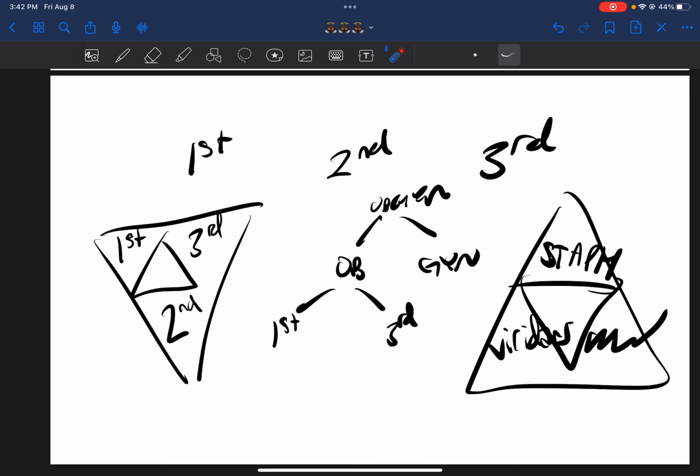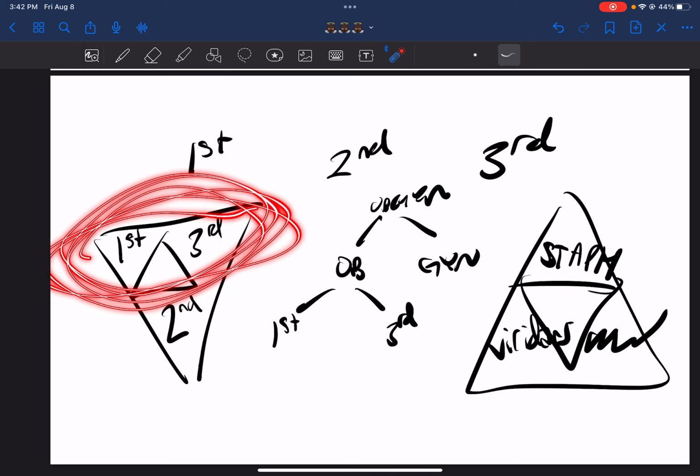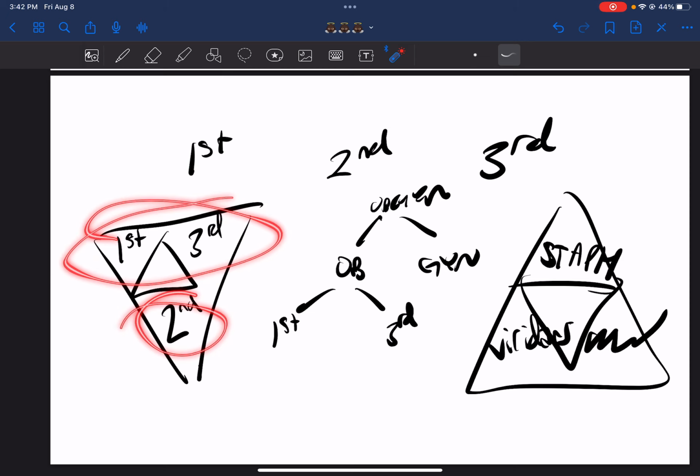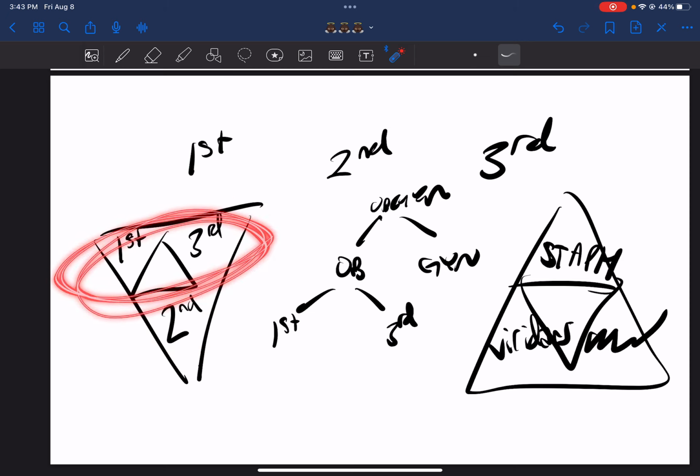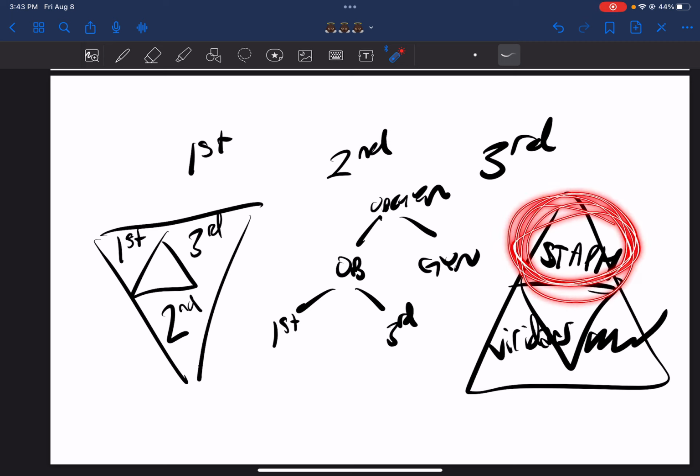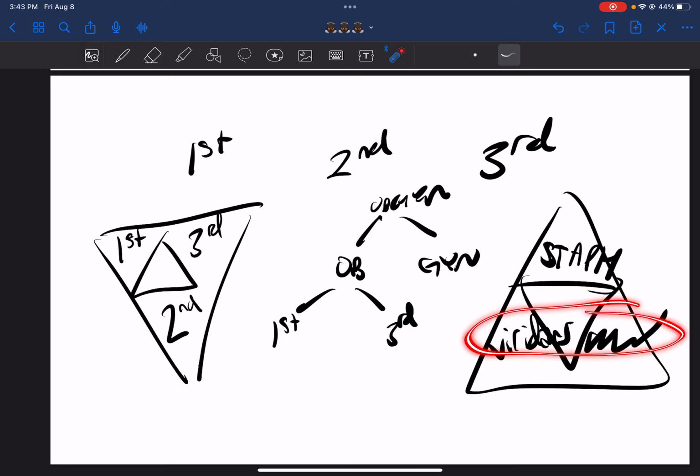So that's why I draw it like an upside down triangle. If the pair is more important than the odd man out, I put the pair on top. And if the odd man out is more important and the pair are the 2 underlings, the less important topics, I put them on the bottom, and I put the important guy on top. So that's what I used to do with my triangles.